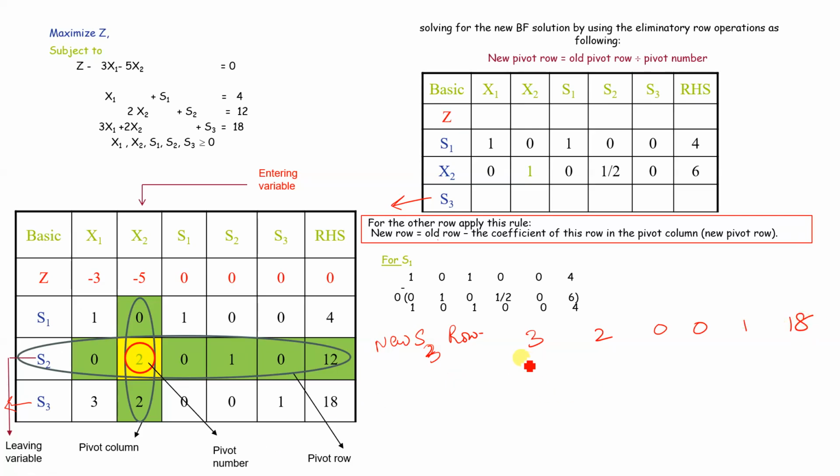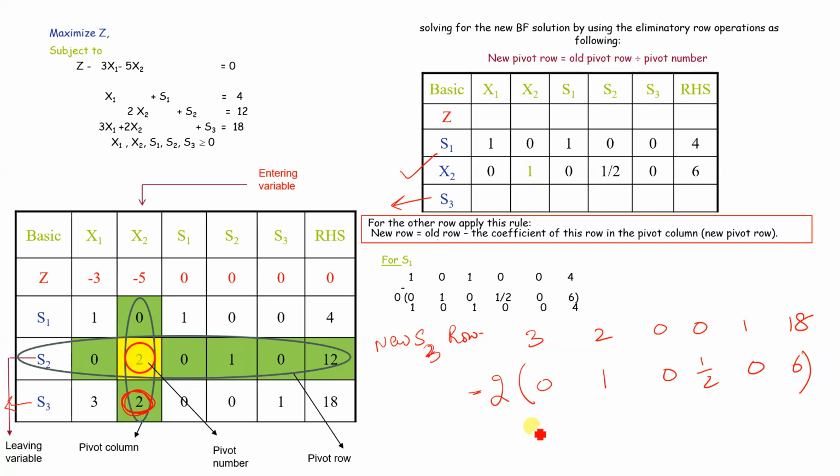And minus, the element in the pivot column of this row is 2. So minus 2 times the new pivot row, that is 0, 1, 0, half, 0, 6.